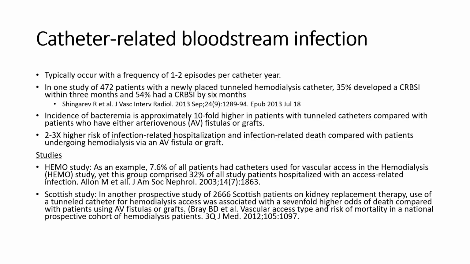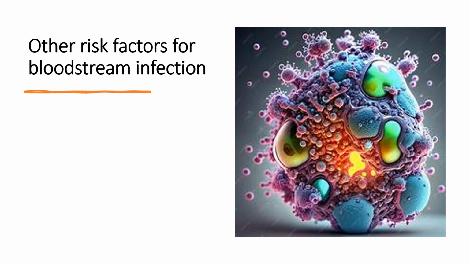There's also a large prospective study done of Scottish dialysis patients on hemodialysis, and they found that the use of a tunneled catheter was associated with a 7-fold higher risk of death compared to patients who used an AV fistula or a graft. So all of this is just a reminder that we need to get catheters out of our patients and fistulas and grafts placed in their arms. Other risk factors for bloodstream infections in dialysis patients include recent surgery.